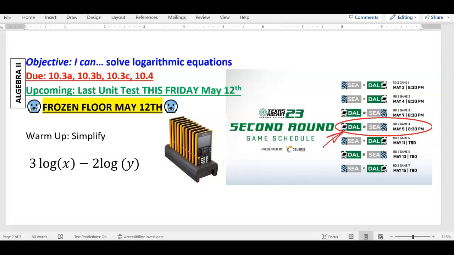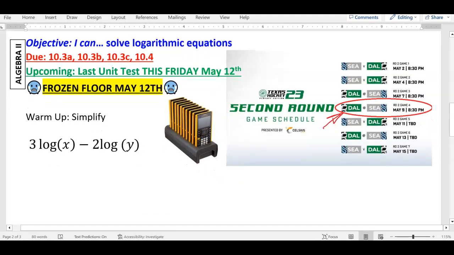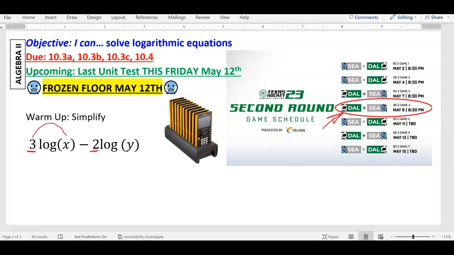Now, let's simplify this log here. Hopefully you remember, if there's a number out front in front of a log, that's going to become the exponent of this argument on the inside of the parentheses.